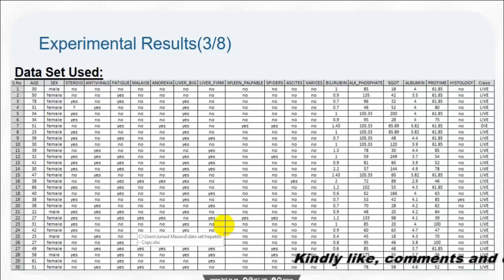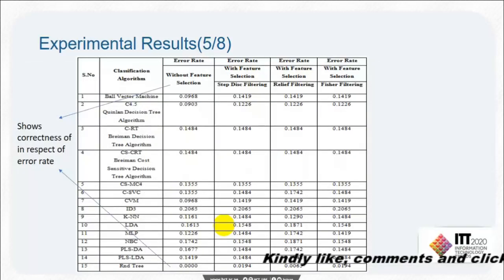The sample given is my data set, which has 155 instances and 15 attributes. In the experimental research, I have used 15 classification algorithms.